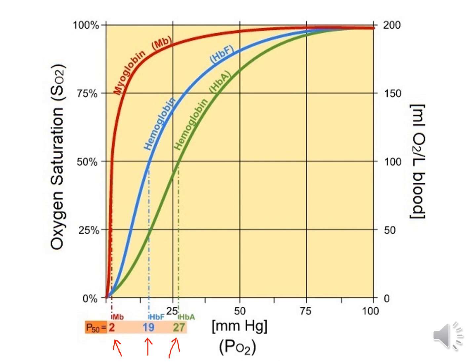It is just 2 millimeters of mercury pressure. That's why we say that the myoglobin dissociation curve is to the left of both curves, and it can extract oxygen from both types of hemoglobin.